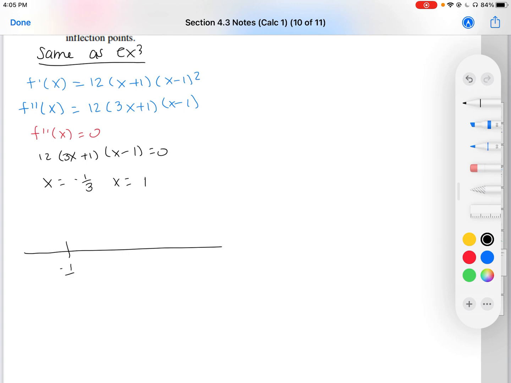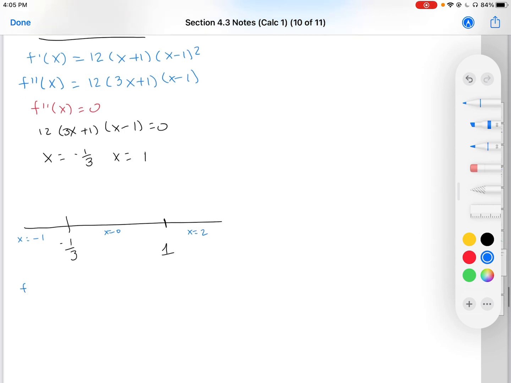So I have negative 1/3 and 1. Now I want to test points in between. Maybe a point like 0, 2, and negative 1, for example. Once you test some points, you'll see that when you plug in something like negative 1, well, let's go ahead and do that.